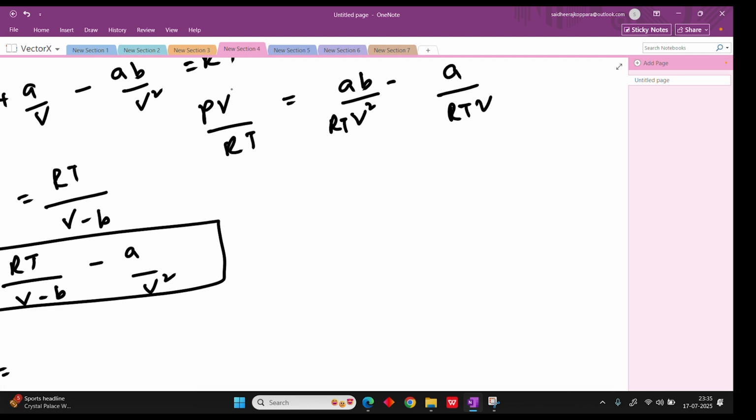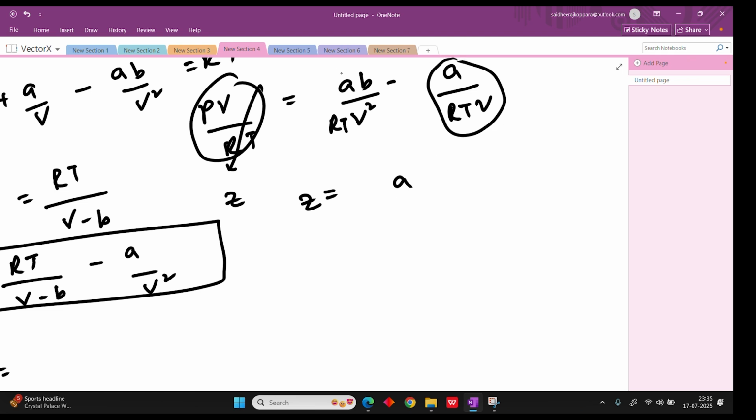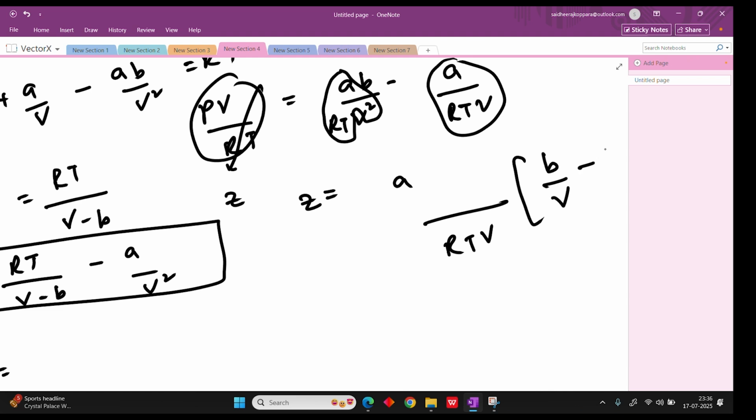So this is your compressibility factor Z. And for Z, you take A by RTV as common in both of them: A by RTV times (B by V minus 1).